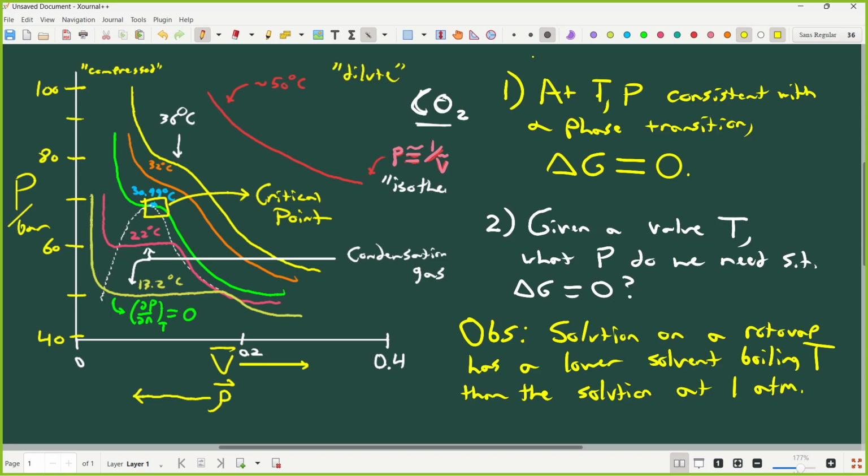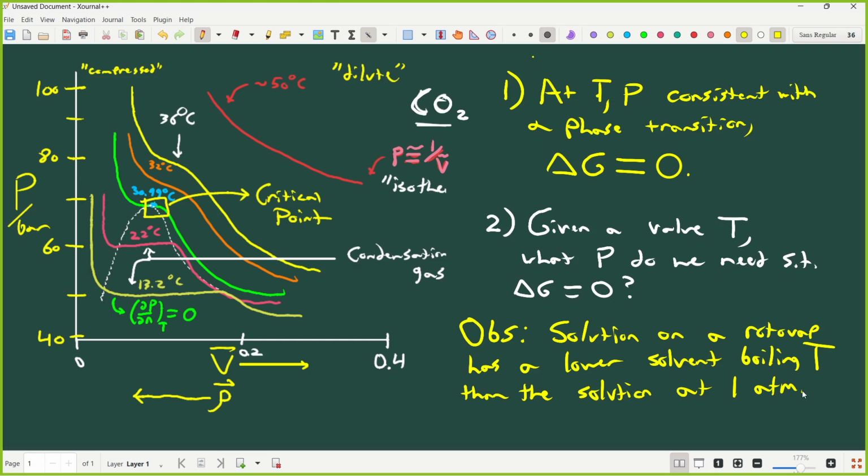We want to come up with an equation or some sort of instruction that allows us to calculate precisely how the boiling point moves as you move through the space of temperatures and pressures.